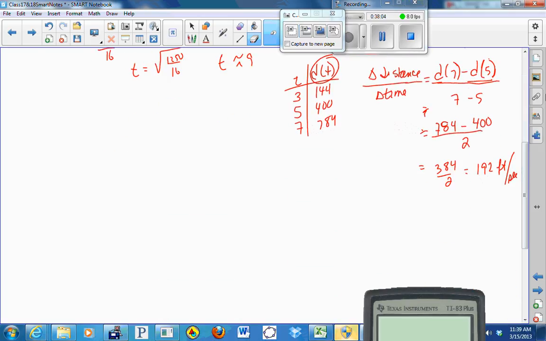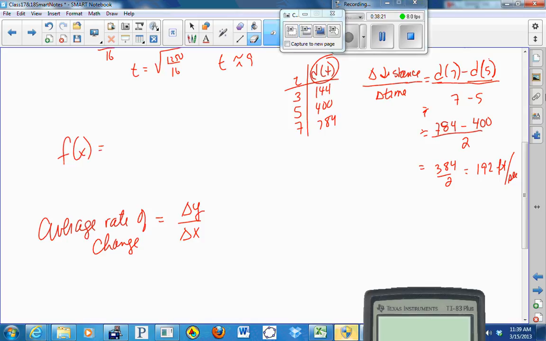So your average rate of change formula, you're used to it looking like this. Okay? So let's say we have a function f of x equals, let's call it, x squared, for example. And I wanted to find the average rate of change from x equals 2 to x equals 5.